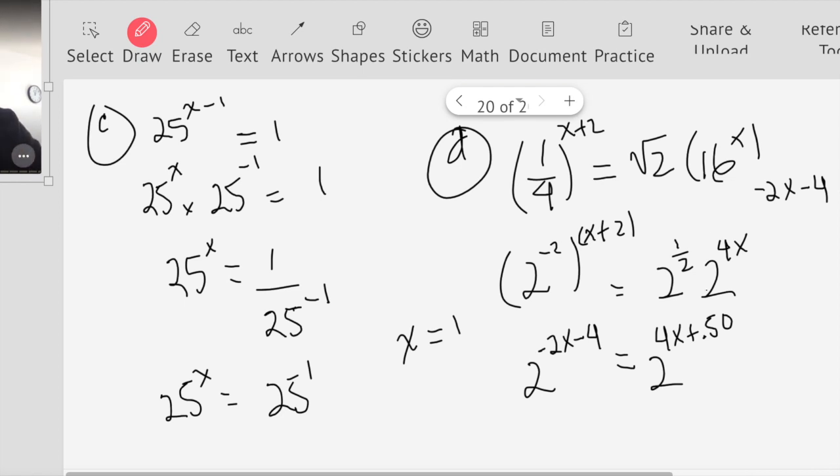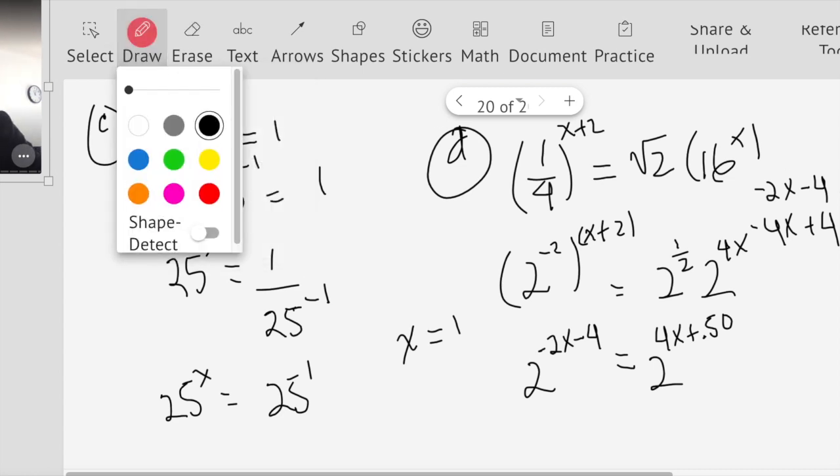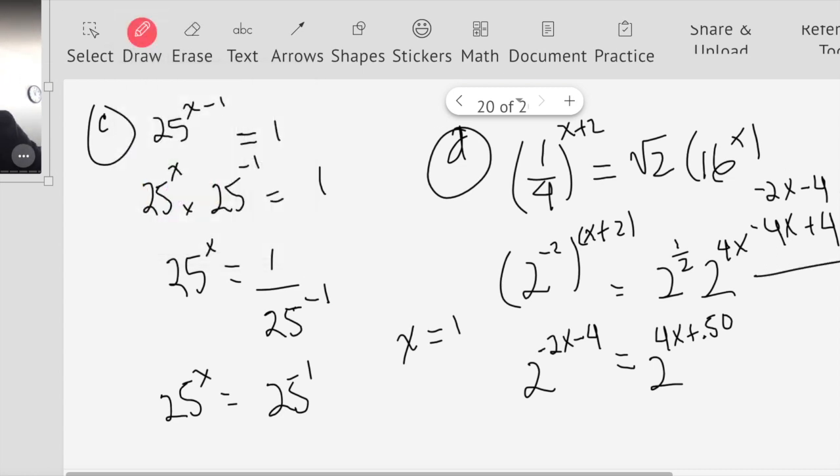Isolate that x. Negative 4x, plus 4, plus 4. All right, so I see this cancels out. This is negative 6x, 0 equals, this is 0 and then 4.5.